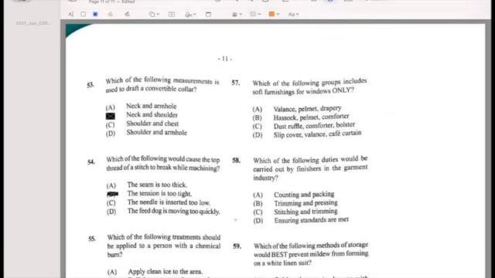Which of the following groups includes soft furnishing for windows only? 57 is A. Valance, yeah. 58, which of the following duties could be carried out in the garment industry? That will be D, ensuring the standards are met.